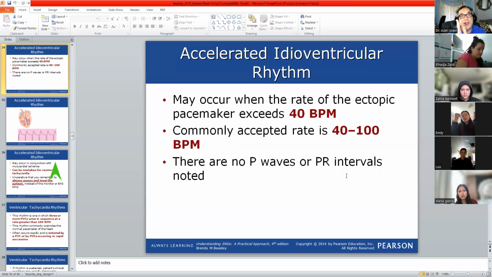If it increases beyond 100, the word is tachycardia. Of course, in this situation, the heart is working completely from the ventricle. So I don't have any P waves because the atrium is not in charge in such a condition. This is why I am saying it is a lethal condition.